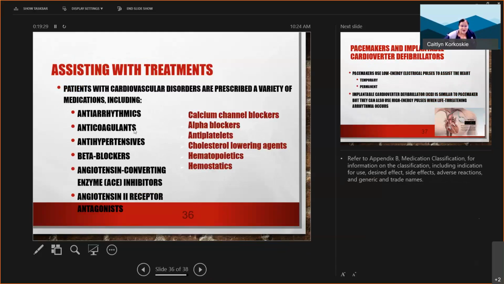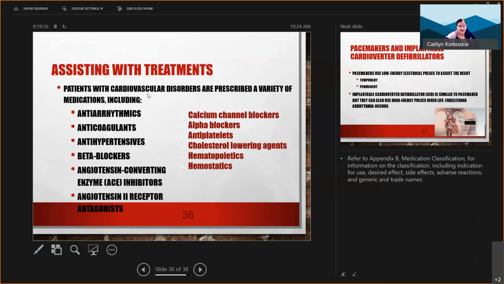Anticoagulants would be if someone's producing too much clotting factor and they have a DVT or create a blood clot pretty much anywhere. It helps to thin out the blood, and that's really closely monitored. That's what the PT, the pro time, is, where you're checking the clotting time.